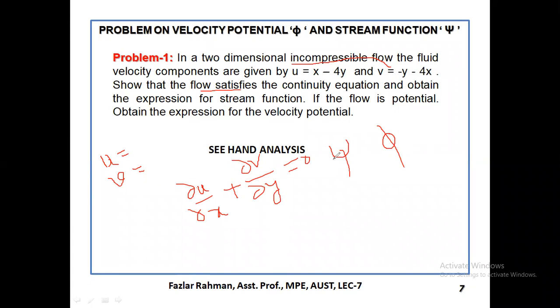Now, how will we figure out the function psi and function phi? You can figure out, for example, the relationship between phi and u. Negative derivative along the x-axis of phi, I'm putting a negative sign, equals the velocity in the same direction, that means this is u. Similarly, del phi by del y will represent v.